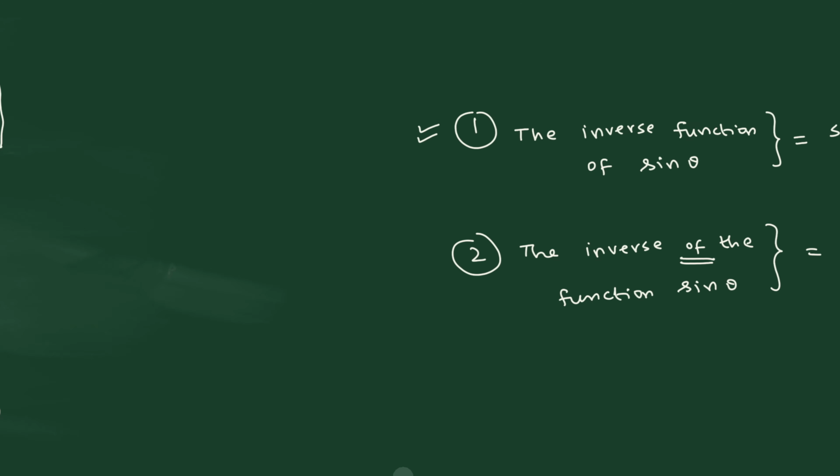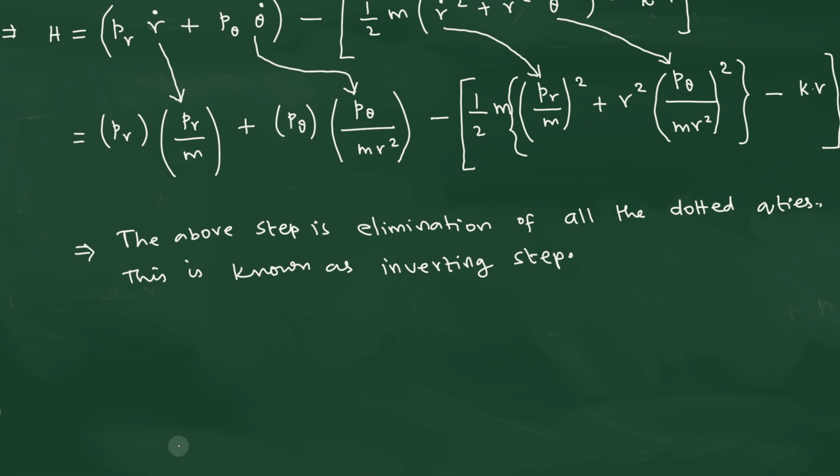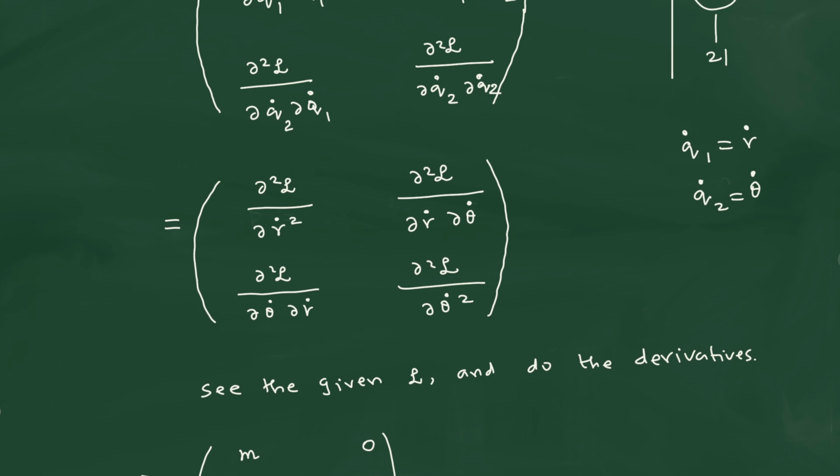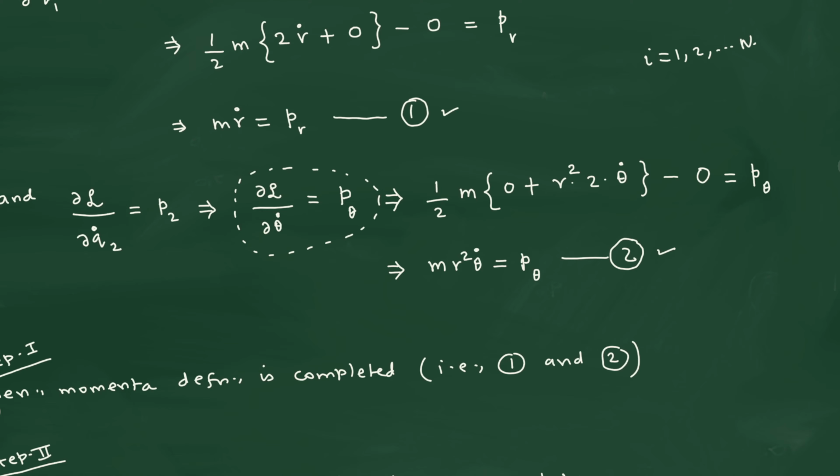Whatever we are doing right now, what is known as the inverting step, it is not 1 by that quantity. We are not writing 1 divided by that quantity. That is only the inverse of the function. We are not doing that. It is the inverse function we are doing. So this particular step is very important, and it is coming from equation number 1 and 2.